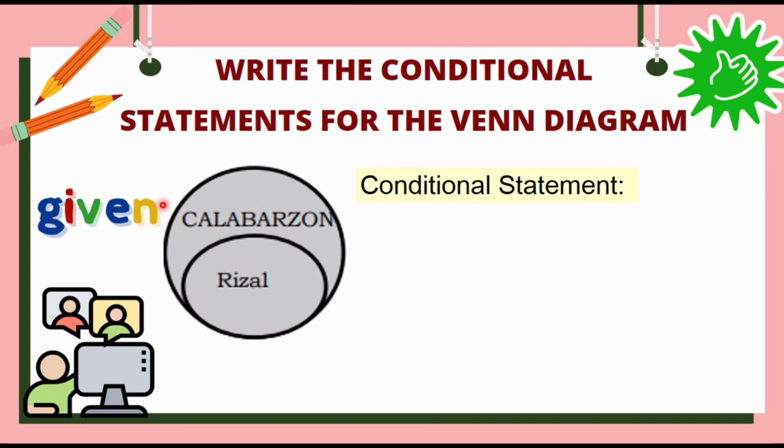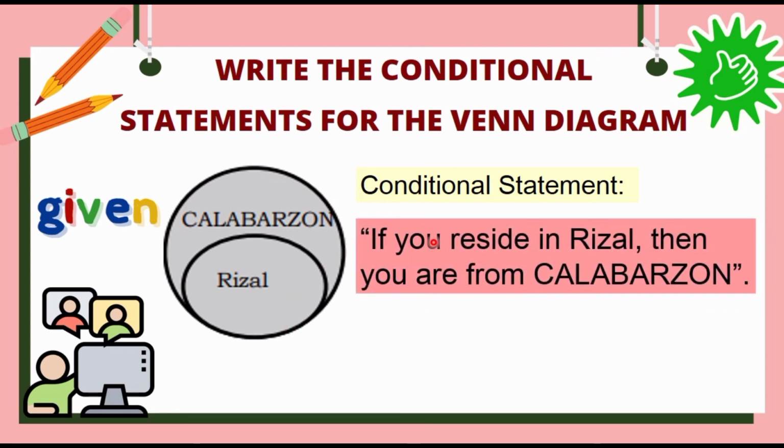Ito naman yung kabuuan, that is the Calabarzon. Let us write a conditional statement. Here we have, if you reside in Rizal, then you are from Calabarzon. That is true. Makikita niyo dito sa ating Venn diagram, yung Rizal, kinasasakupan siya ng Calabarzon. So if you reside in Rizal, ibig sabihin, ikaw ay galing sa Calabarzon.